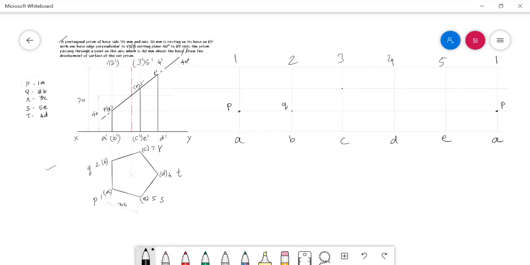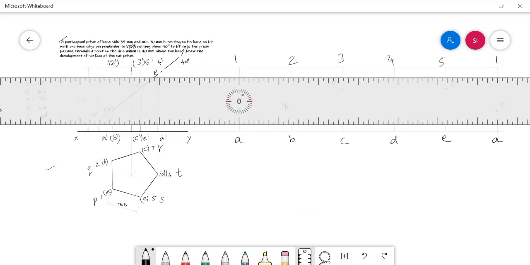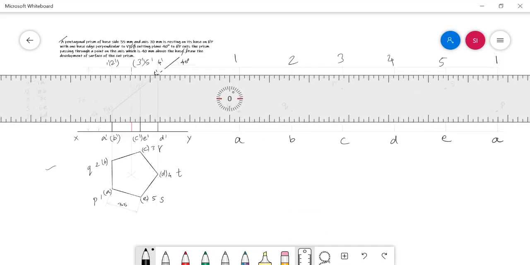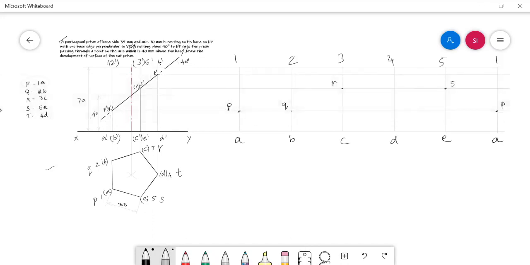In 3C, I have to mark the cut point R, and the same projector will intersect 5E, and then we can mark the point S. Mark S. And now project the cut point T. Wherever this projector intersects 4D, I need to mark the cut point T here.